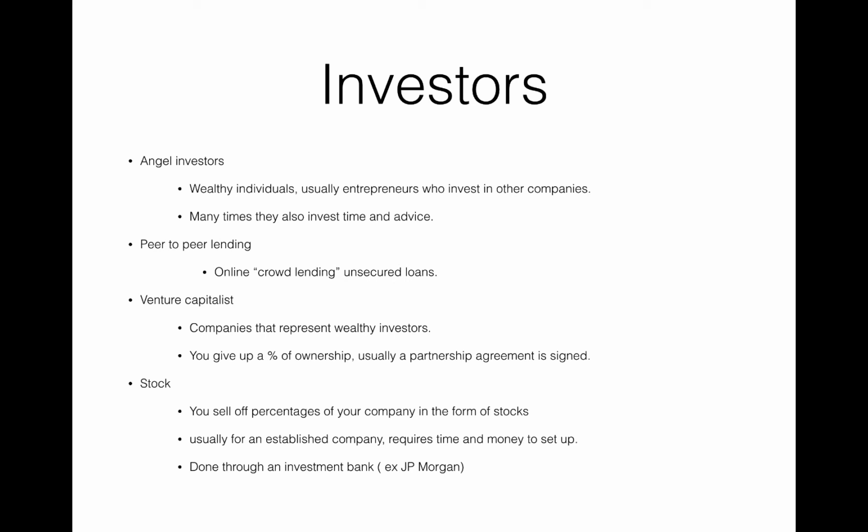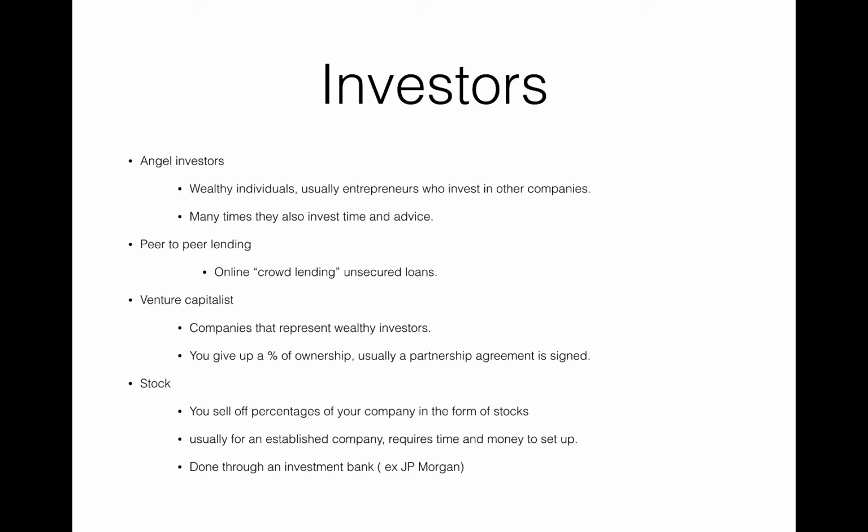These are also called VCs, if you've ever heard that term before. So venture capitalist firms are companies that represent wealthy investors. So wealthy investors go to these venture capitalists, and similar to the peer-to-peer online lending, they tell the venture capitalists, this is what kind of businesses I'm interested in investing in. These are the type of owners I'm interested in investing in, and how much I'm willing to invest.